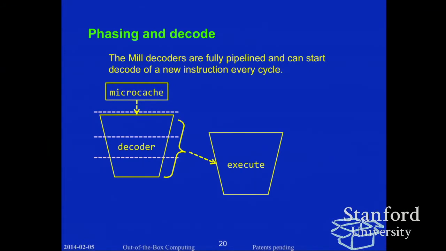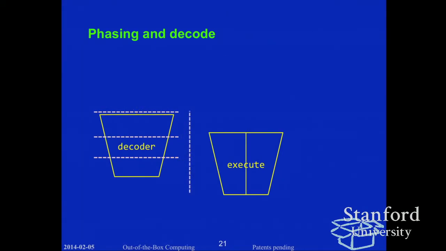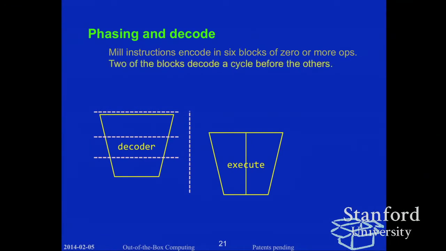So as each piece comes out of the 3 different cycles in decode, they get fed to the execute engine. Two of the blocks are available a cycle before the others out of the 6 blocks which occur in an instruction.